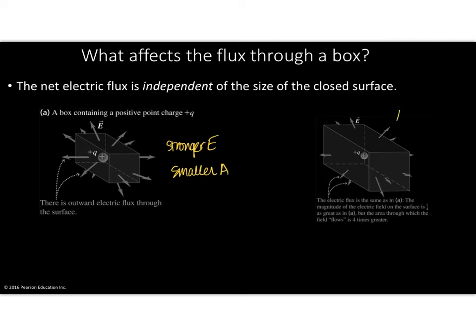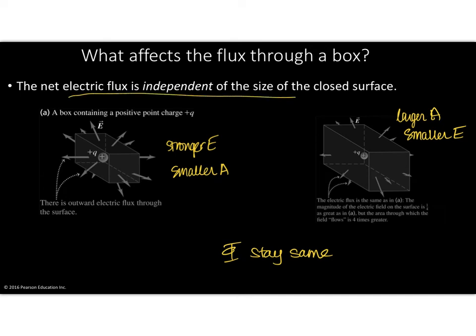The larger box has a larger area, but a smaller or weaker electric field. So the flux stays the same. And so what we conclude is the flux does not depend on the size of the surface.